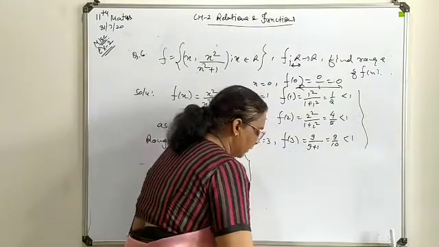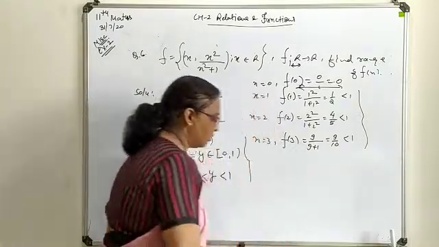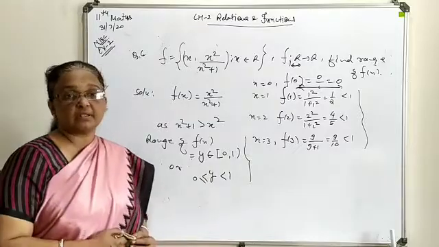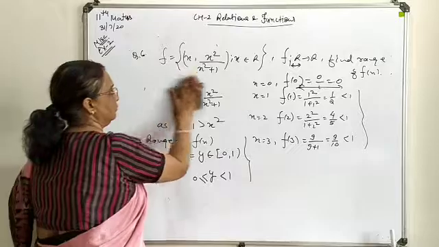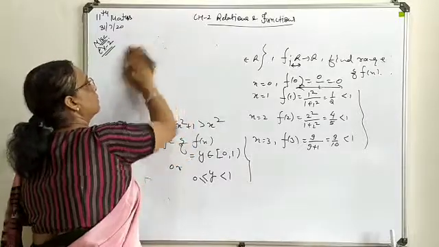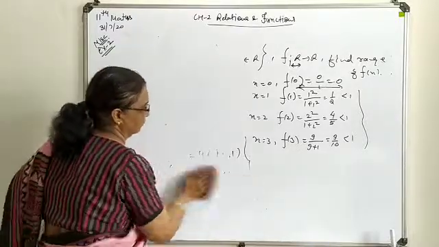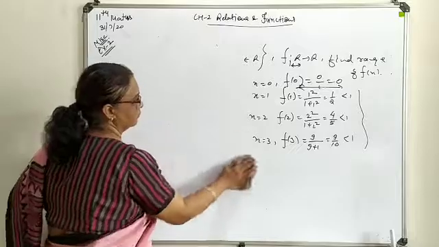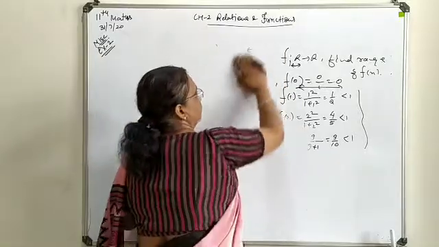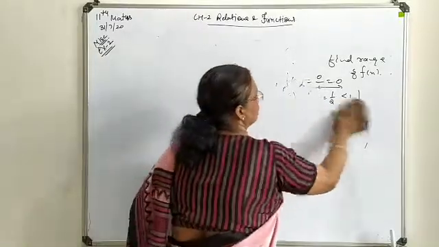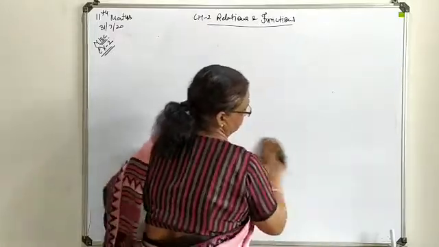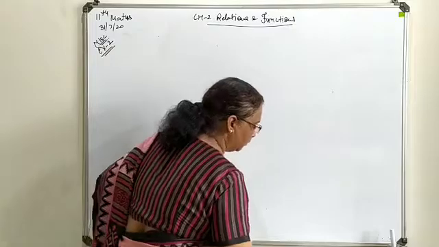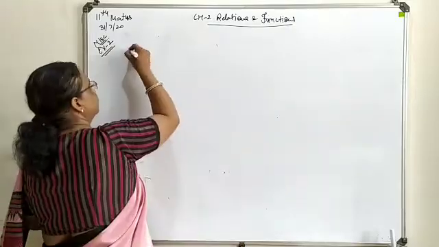Now we move to the next category, that is addition, subtraction and division of given functions. Now move towards question number 7.